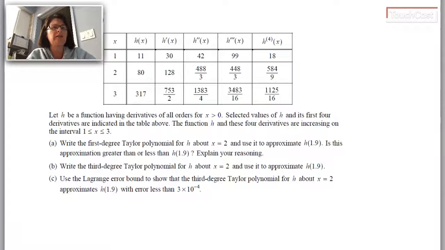So you could write this polynomial, or you could use tangent line approximation notation. Either one would get full credit.